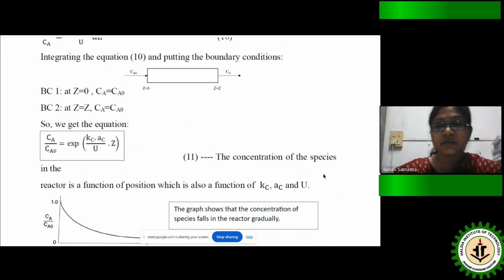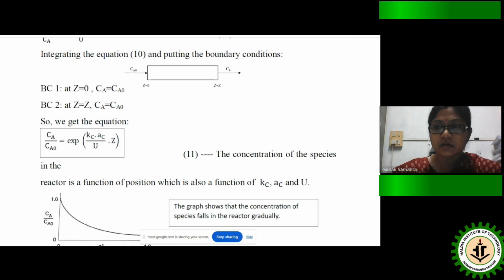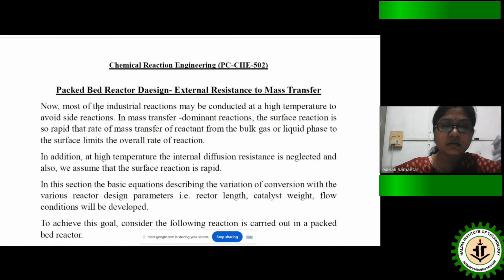From the continuation of the previous lecture, we are trying to derive the packed bed reactor design with external resistance mass transfer.